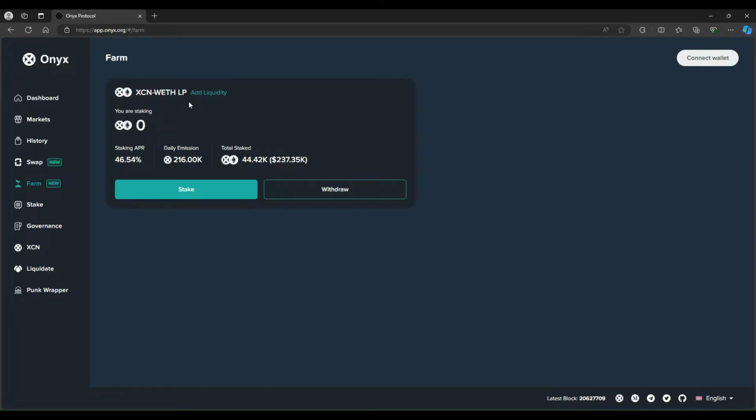If you provide some liquidity for XCN and wrapped Ether, you could potentially earn 46%. I don't do farming. I just do staking. I've looked into it, and for me, staking is a lot easier to do. I don't want to have to provide two coins and pool on both of them. You don't want to do a lopsided entry. You don't want to only provide XCN and not anything else on the wrapped Ether. You want to do both.